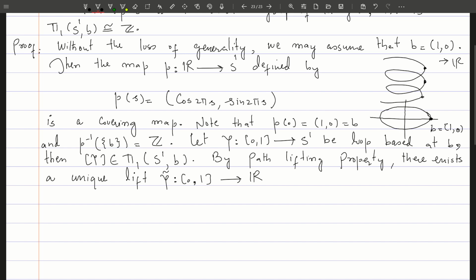So let us pick this loop here. This loop may have a lift here.